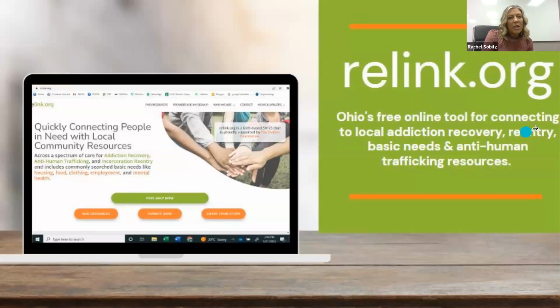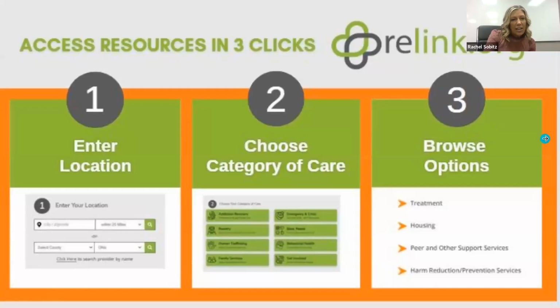On this particular slide, you can see the green Find Help Now button. When you go to relink.org and click on it, it'll take you to the section where you can put in a city, a county, or a zip code, and find resources under several different categories.